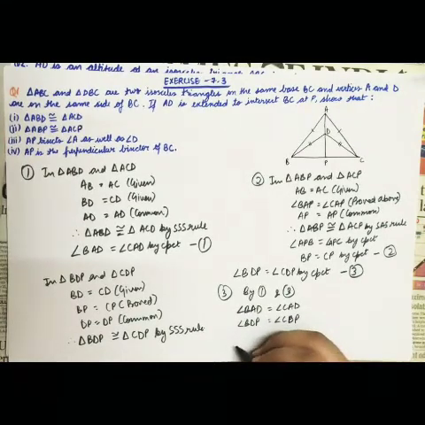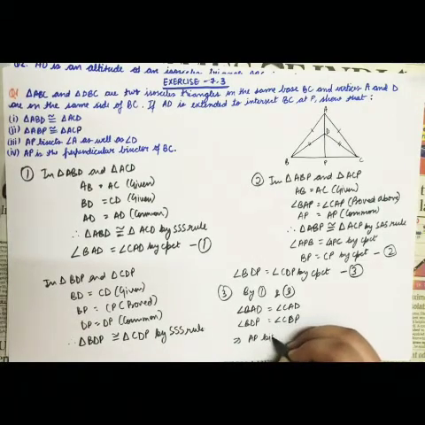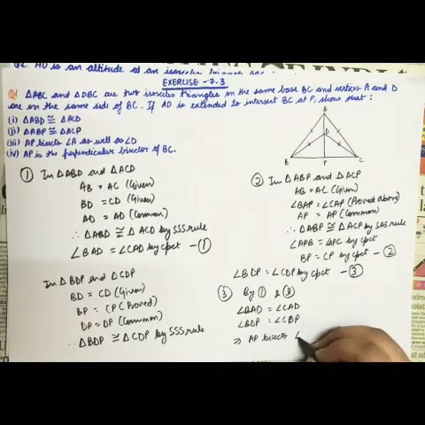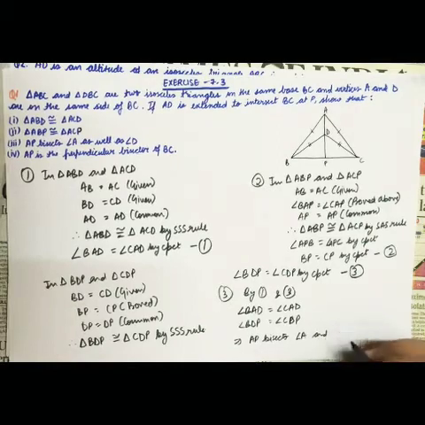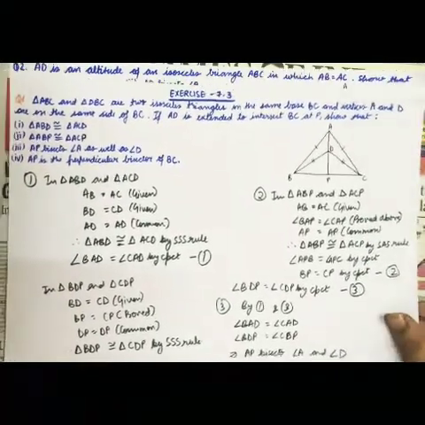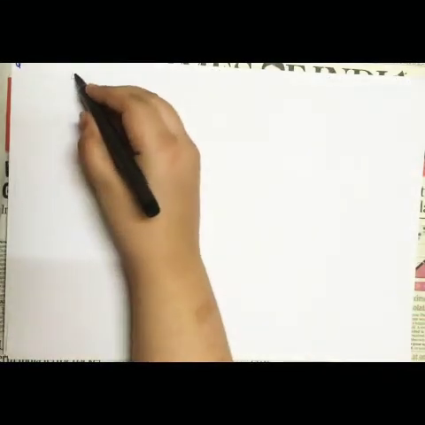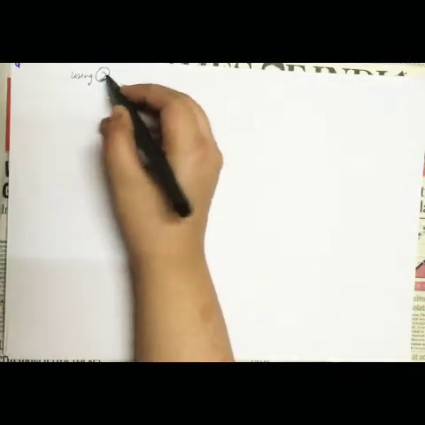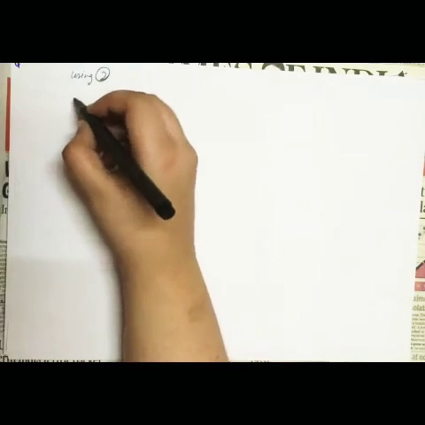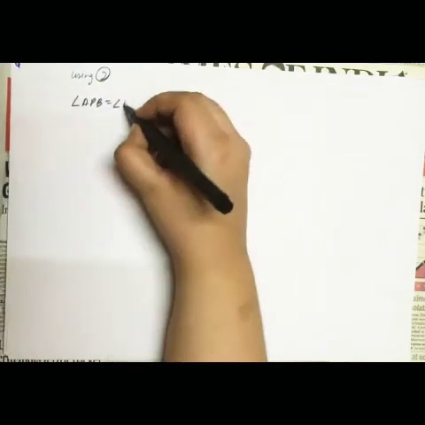So now we can say that AP bisects angle A and angle D. Now we will use second, that is angle APB is equal to angle APC.